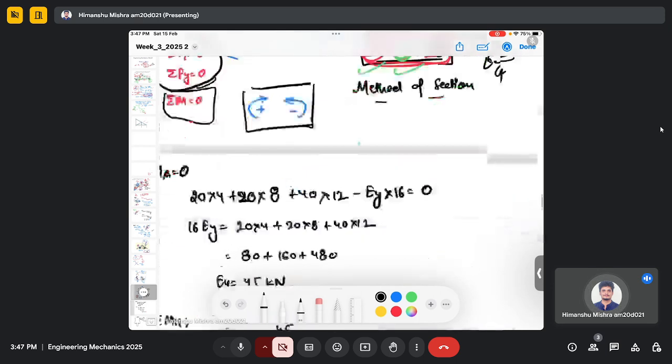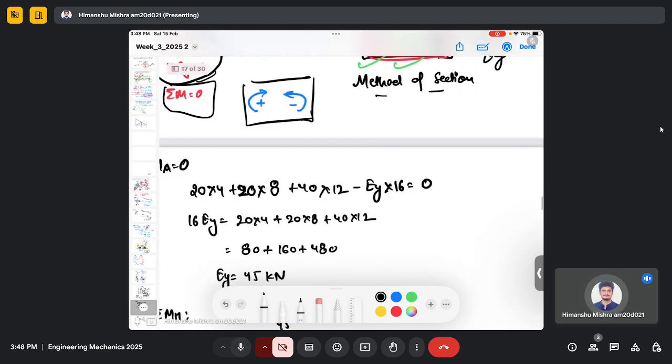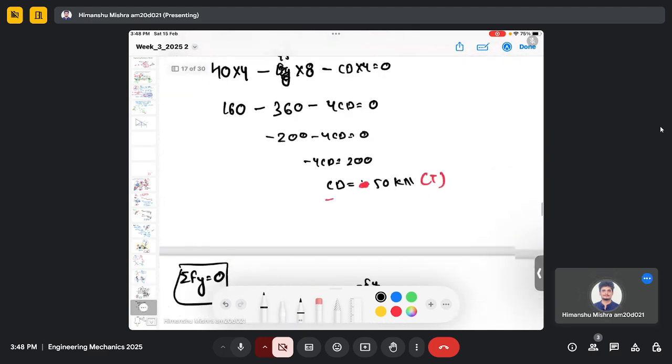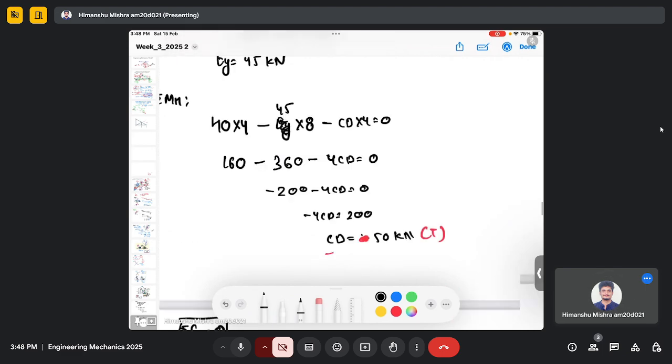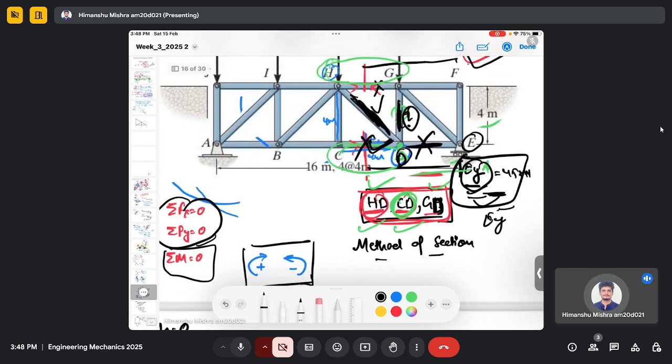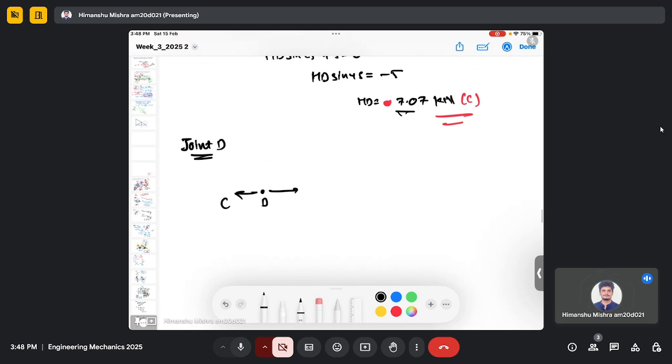So if I use the method of joints at point D, first I have to make the equilibrium diagram at D. So let's say this is D. We already found CD, which is the tension force. Then let's say this is my DE, this is my GD, and this is my HD, right?